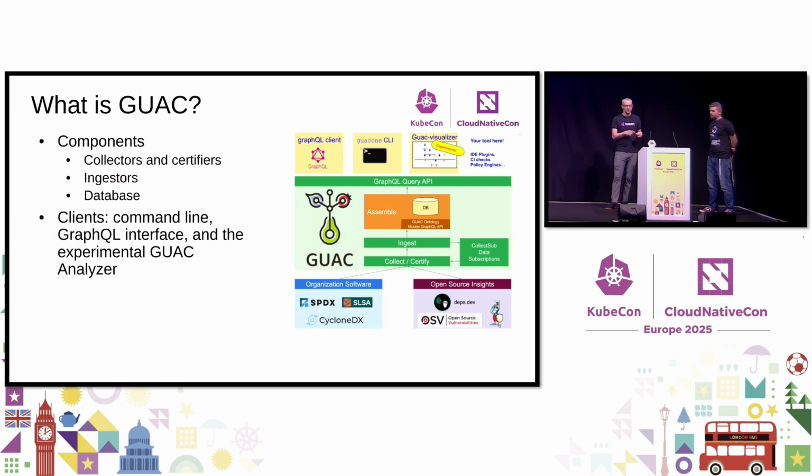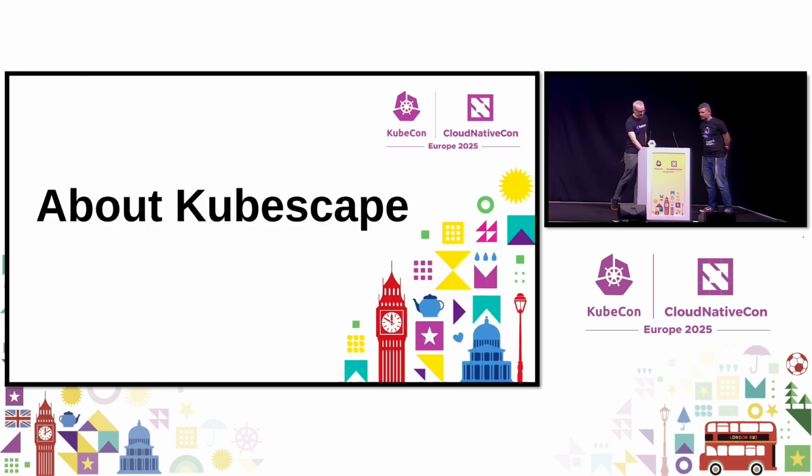A visualizer, I'm going to show that a little bit later. And then whatever your ideas are. So I think in Paris there was a talk about GUAC and OPA to do policy for Kubernetes. So there's a plugin for that as well. Yeah, I think that's about it.